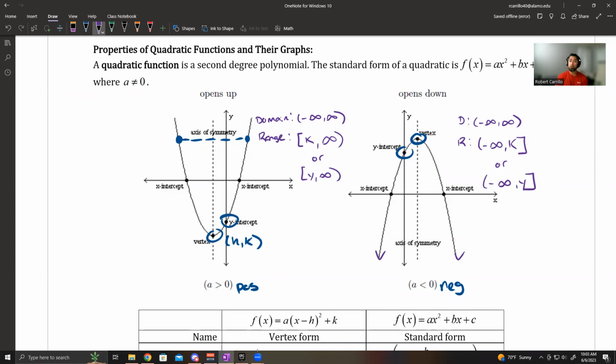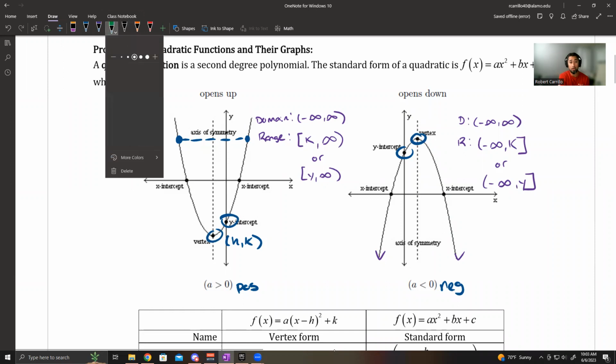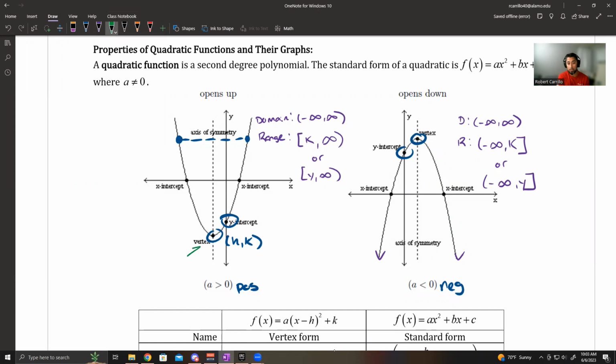Okay, so another characteristic that's not on here is, if your parabola opens up, this means that the vertex becomes a minimum on the graph. So you get a minimum. This would be a minimum at the k value of the vertex.